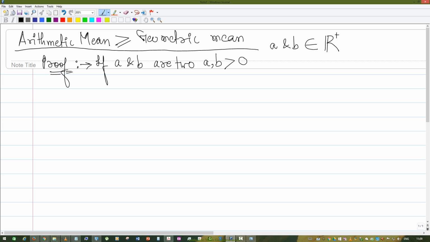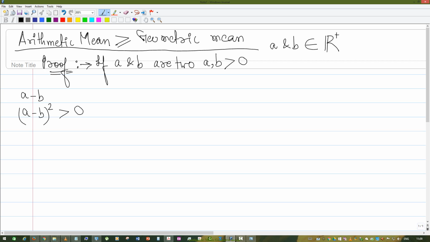Now we know we can always subtract A minus B. Fair enough. We can always square it, not an issue. So what will A minus B square be? Obviously, this will be greater than or equal to 0.